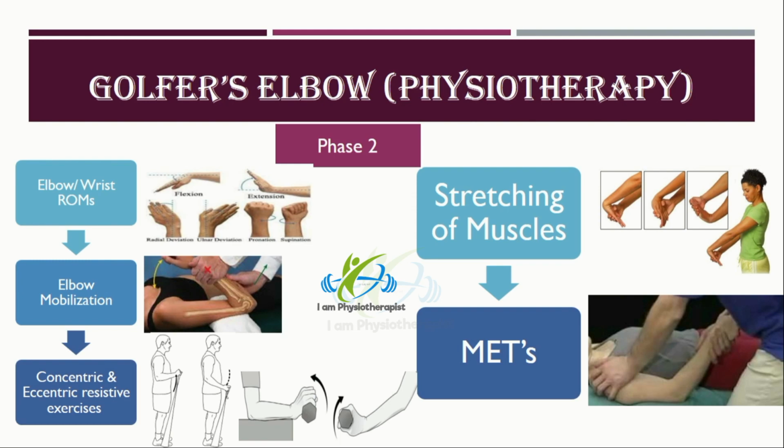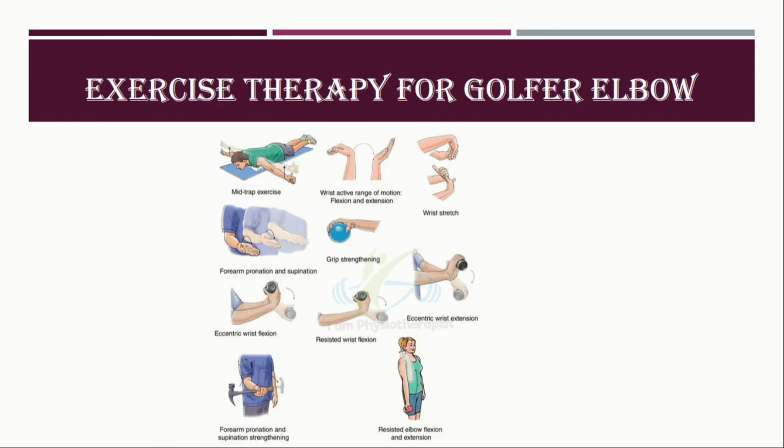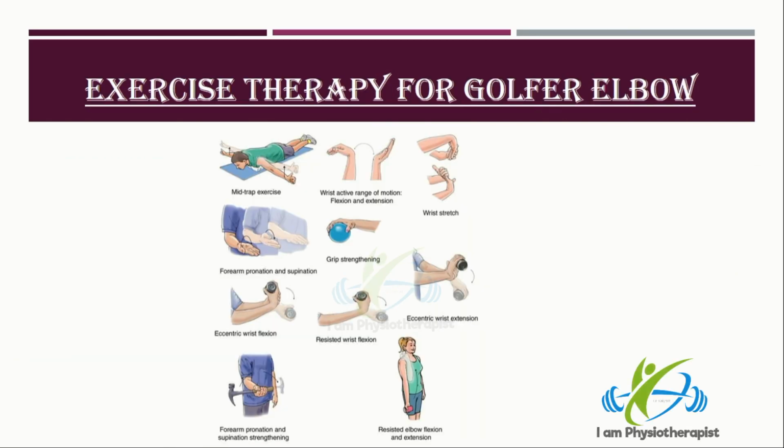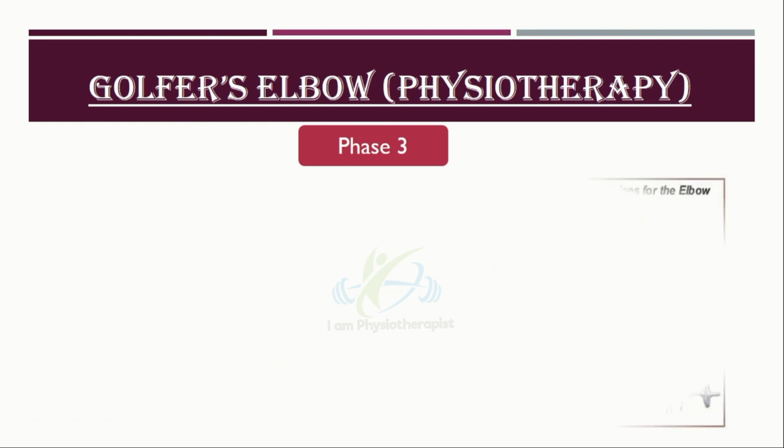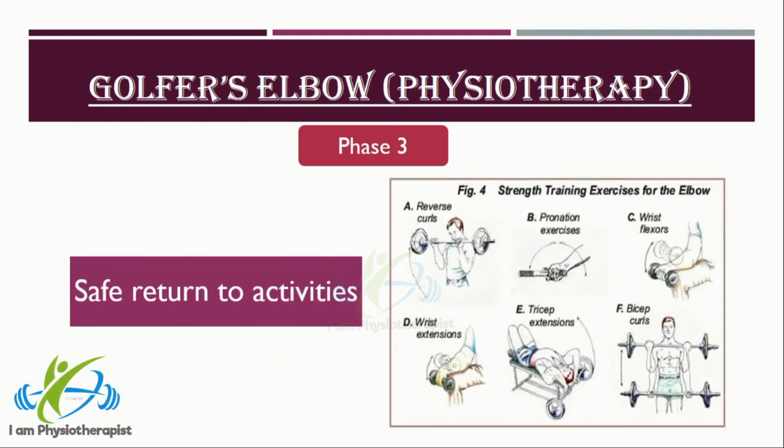There is evidence that supports the usage of muscle energy techniques to improve range of motion. These are the demonstrations of exercises for golfer's elbow. Phase 3. Safe return to activities.